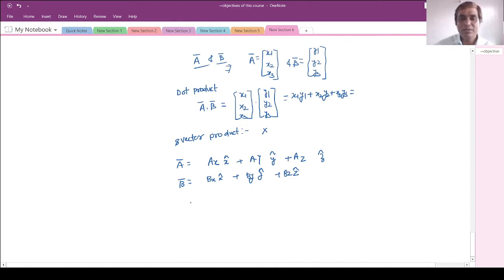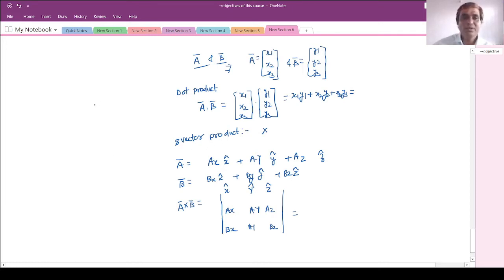Now if I would like to do the cross product between a bar and b bar, we calculate it with the determinant, where x hat, y hat, z hat is the first row, the components of a bar, ax, ay, az, are the second row, and bx, by, bz are the third row. Then I get the x hat, y hat, z hat components, which is why it is called the vector product.